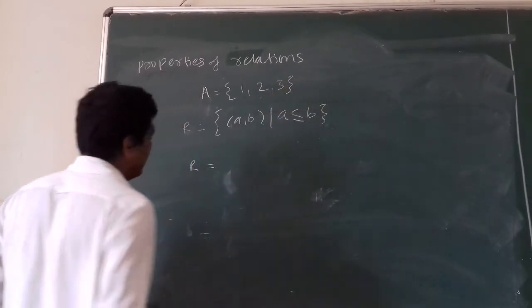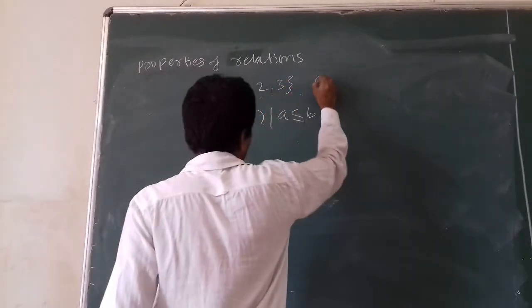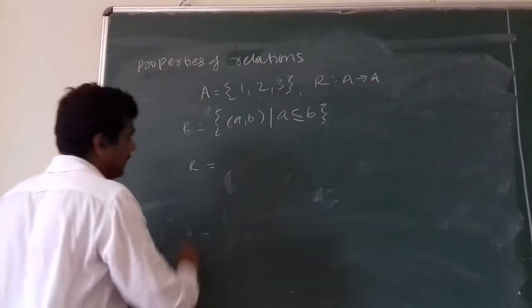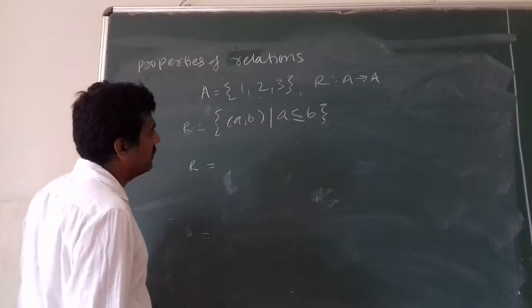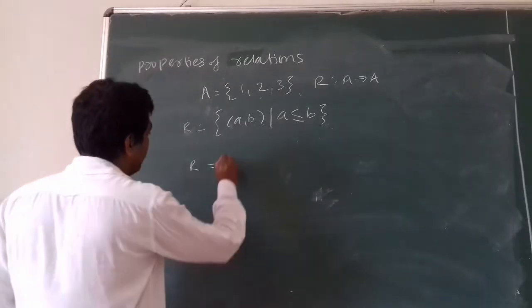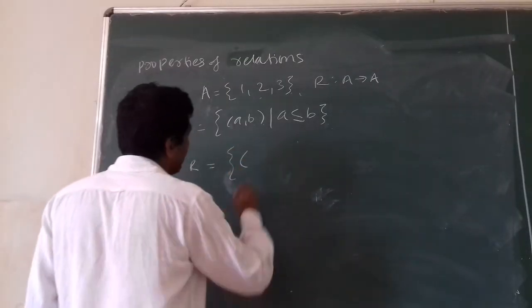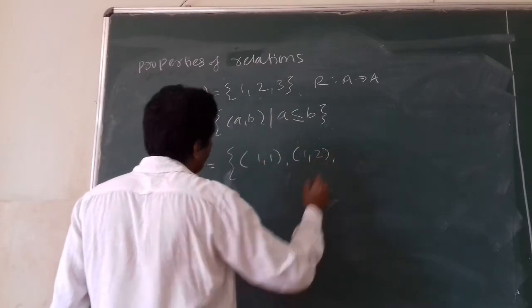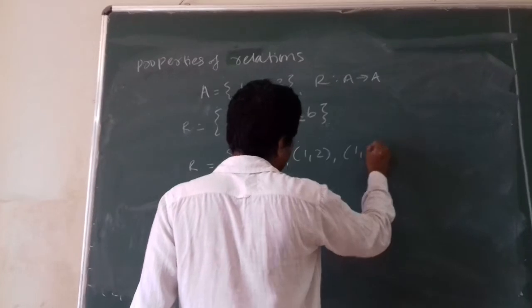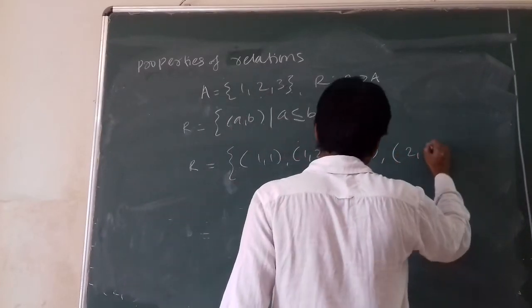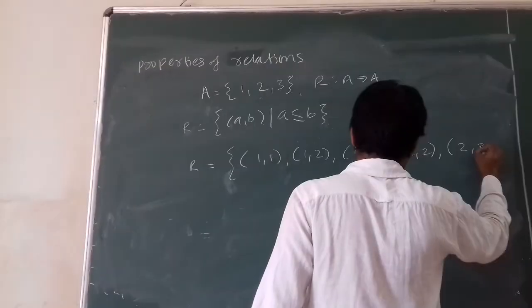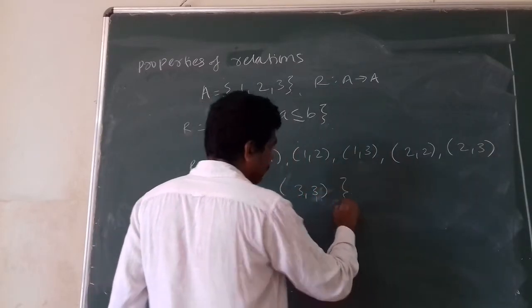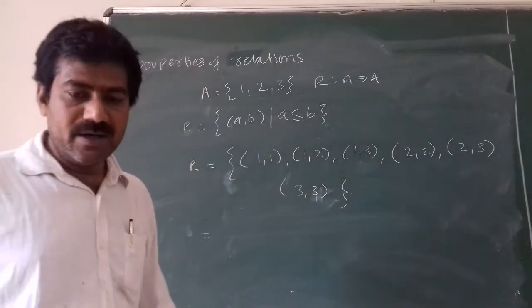R is the relation from A to A. R is given as (A,B) such that the first number is less than or equal to the second number. So this relation will contain (1,1), (1,2), (1,3), (2,2), (2,3), and the last element is (3,3). So these are the elements in the capital R.